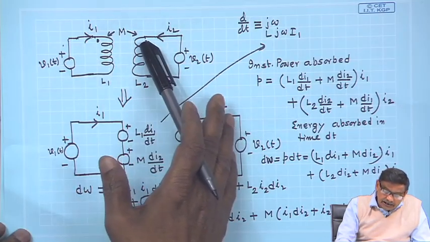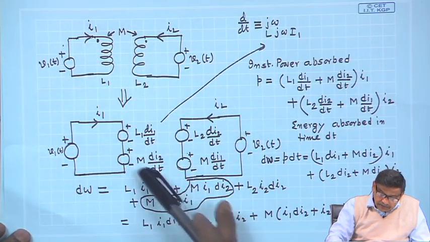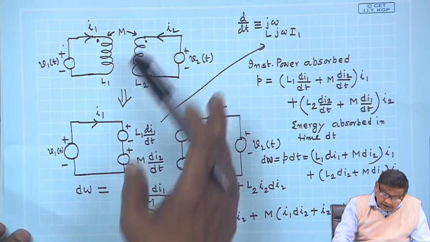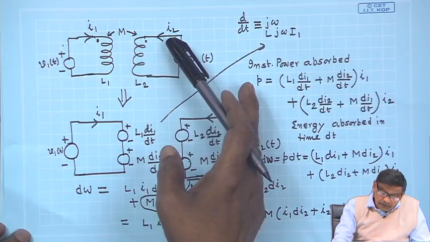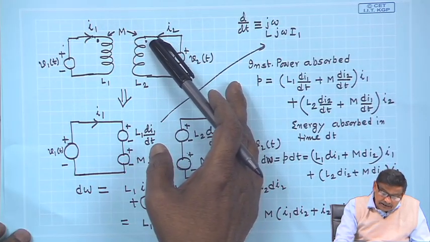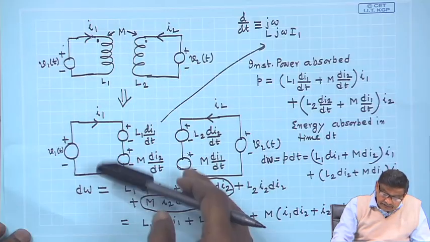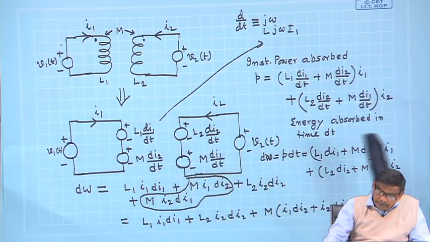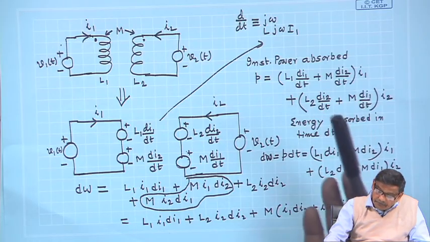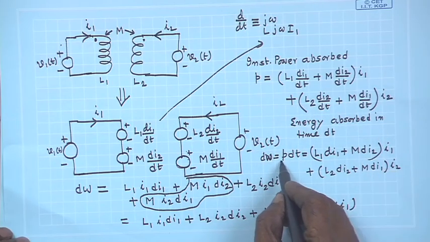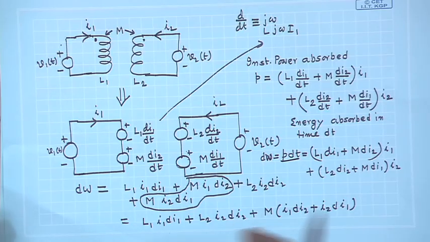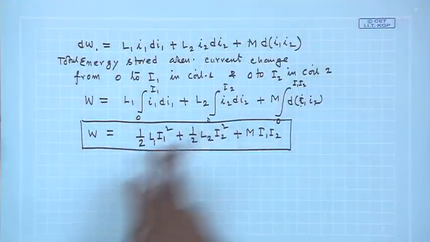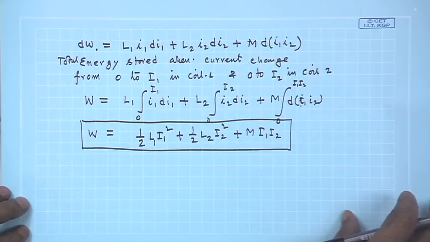If I2 is going like this, M dI2 dt will definitely be there, another source of EMF, but the polarity of that voltage will be through the dot I2 is entering. Here also that dot will become plus, that is the upper side will become plus. Like that I drew this, and then from instantaneous power you get elemental energy, integrate it appropriately to get the final energy stored expression. Thank you.